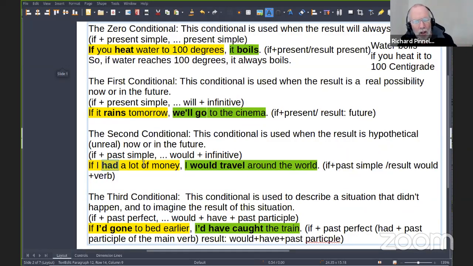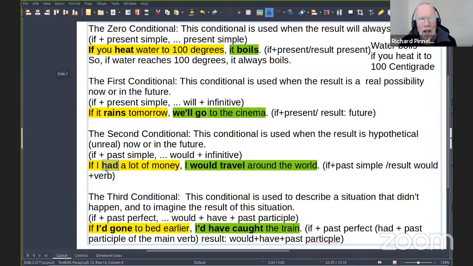If I had a lot of money, I would travel. And here we need to use would. We could also use could or might. The thing about this is we have the verb in the past, but we are not talking about the past. This is now. It's the opposite of reality because it's unreal.